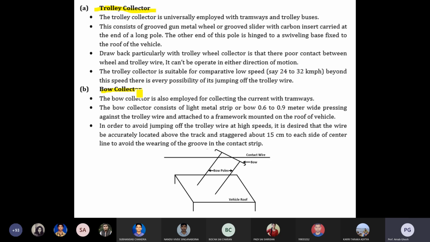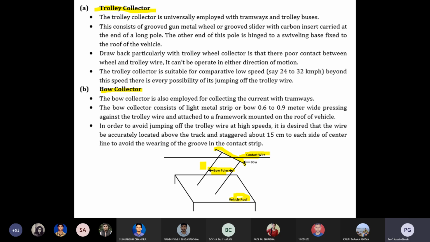Basically, huge flashing will occur, so it cannot collect the power in such a fast manner. That's why you have to use a bow collector. In a bow collector you can see a bow-shaped thing touching your contact wire, with a bow pole on the vehicle roof. For high-speed operation it directly touches the wire and collects the current. That is the bow collector.